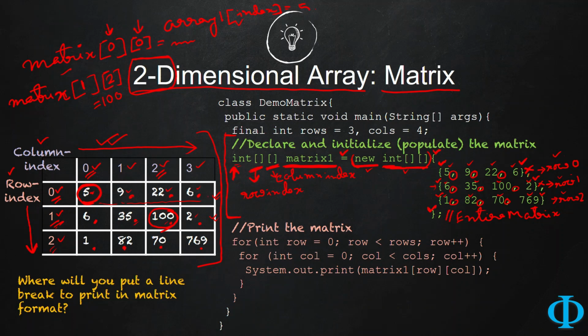Since there are two different indexes, you have to just replicate everything for the inner dimension also. The first set of opening and closing curly braces is giving you the entire matrix, and then each of the inner sets of opening and closing curly braces corresponds to one row, and each element in the row should be separated by a comma. Not only that, each row should also be separated from each other by a comma.